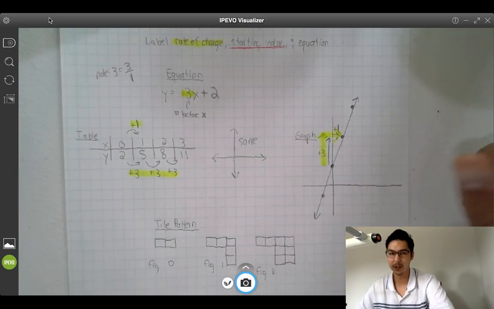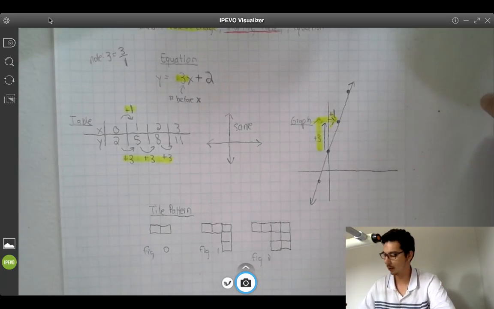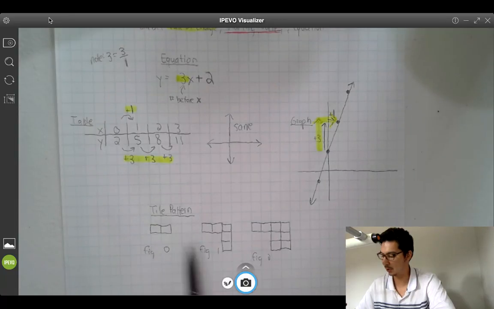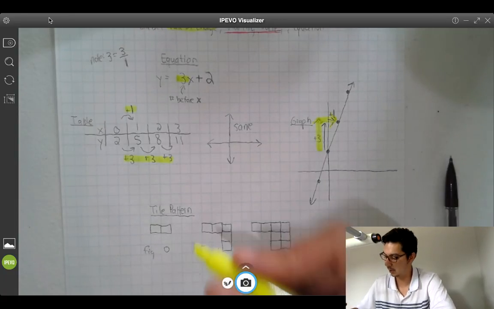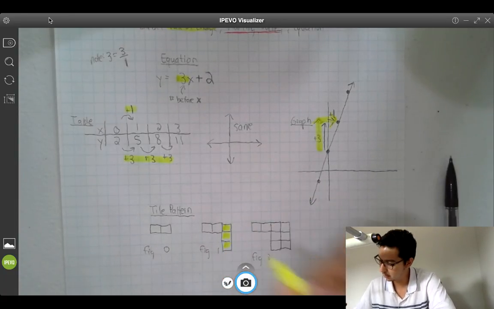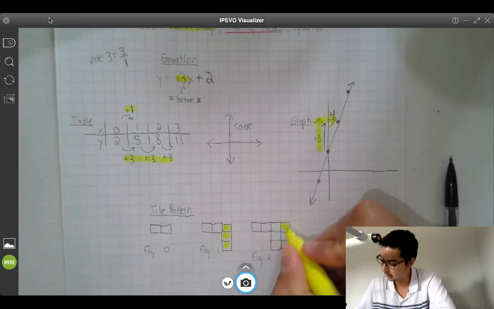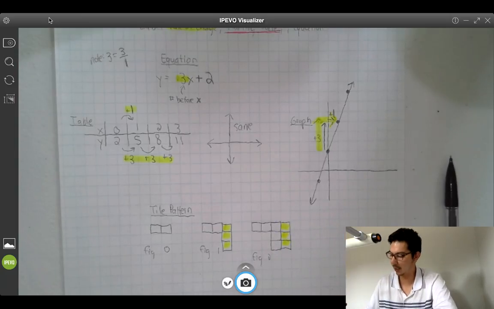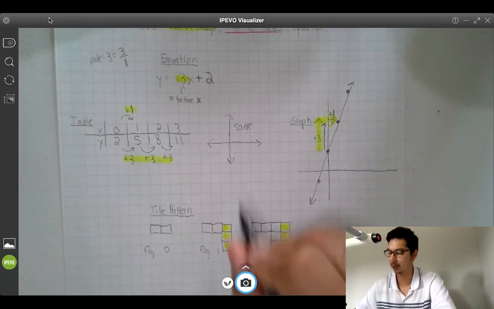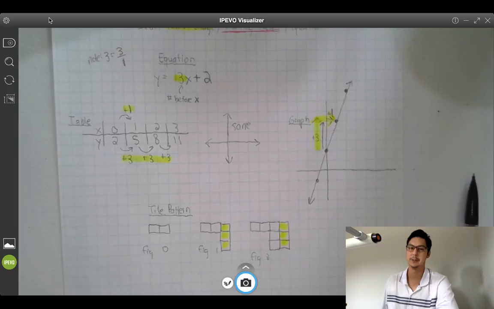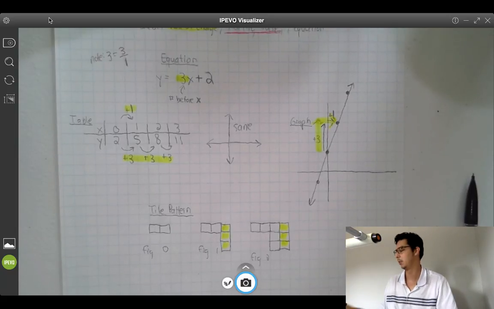There you go. And then on a tile pattern, those are the tiles it's adding. Notice it's going from 0, 1, 2. From 0 to 1, it added these 3. From 1 to 2, it added these 3. So again you're seeing that plus 3. All the same thing with the rate of change.